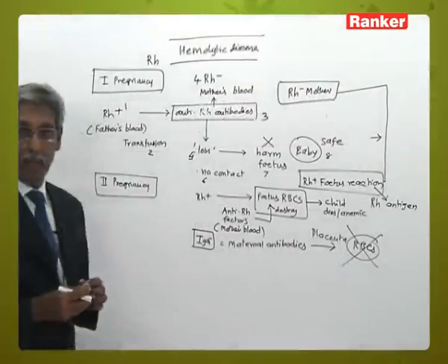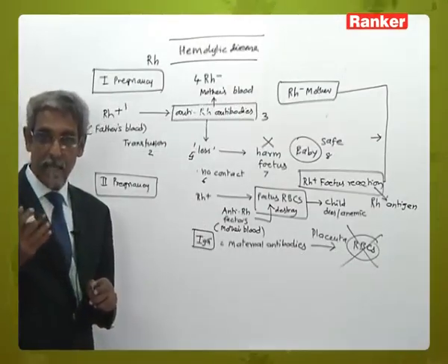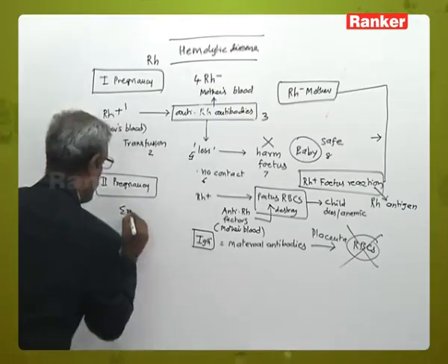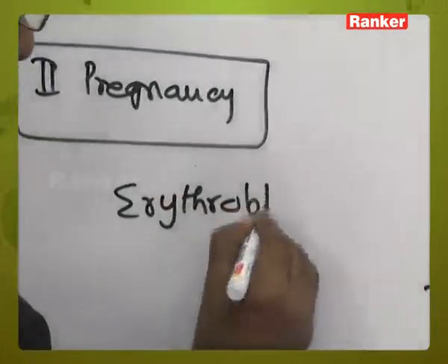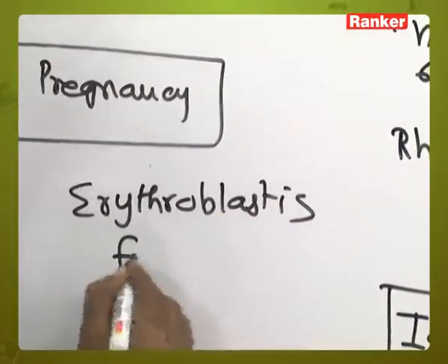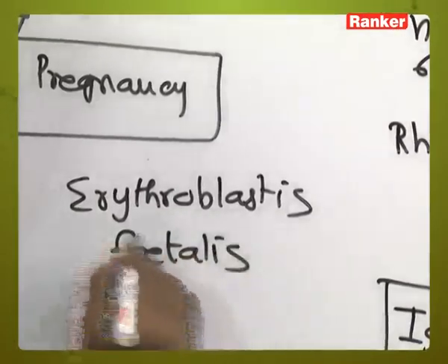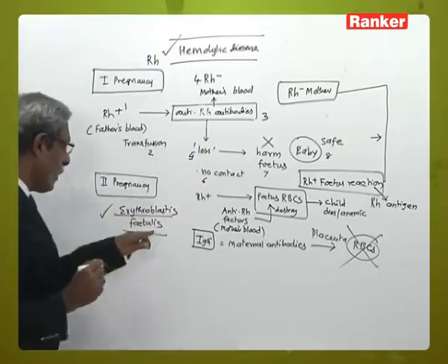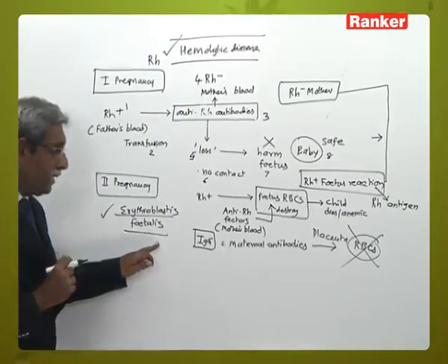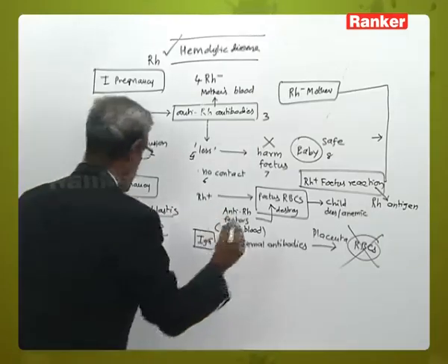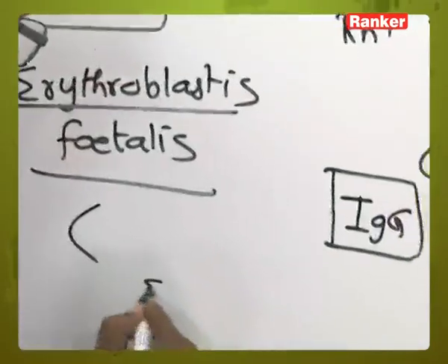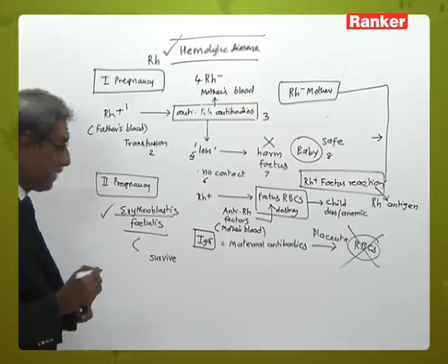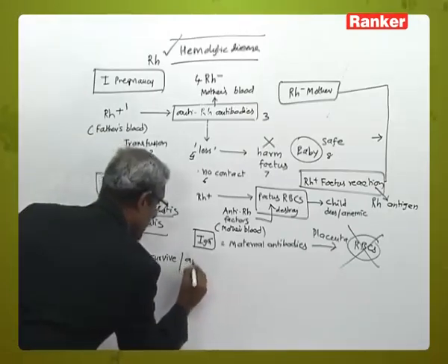Hemolytic disease is otherwise termed as erythroblastosis fetalis, wherein the newborn babies can either survive but they tend to be anemic.